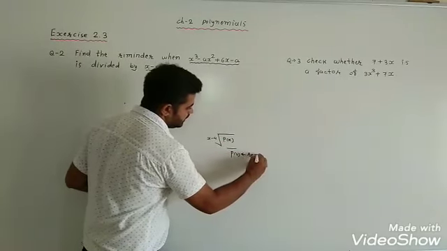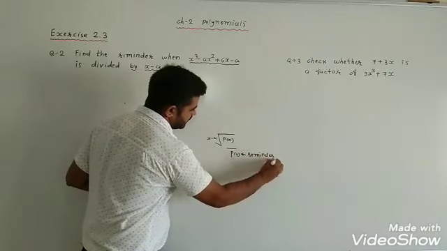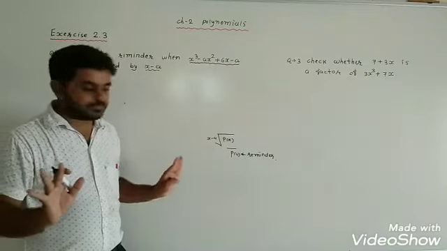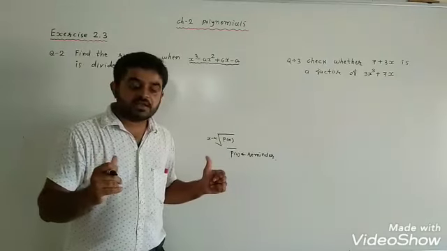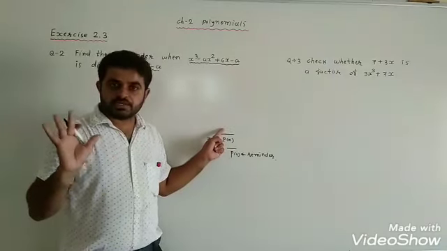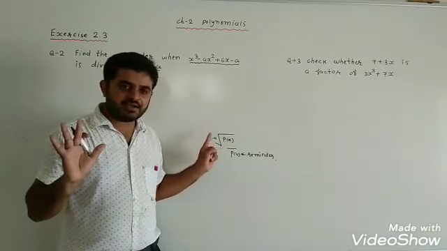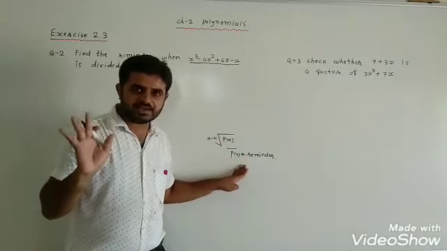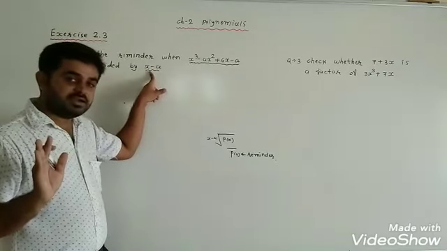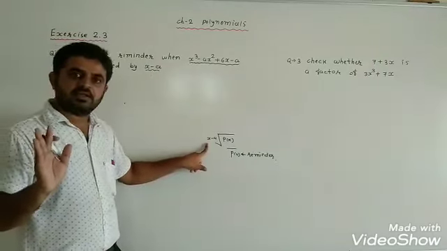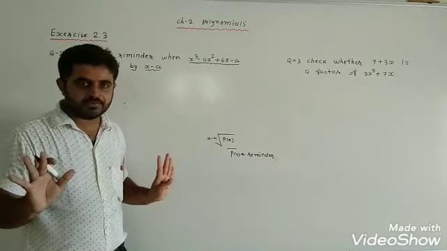Do you know the remainder theorem? We don't get any idea about the quotient. We can find only the remainder by using the remainder theorem. The divisor is linear, so we can use the remainder theorem.